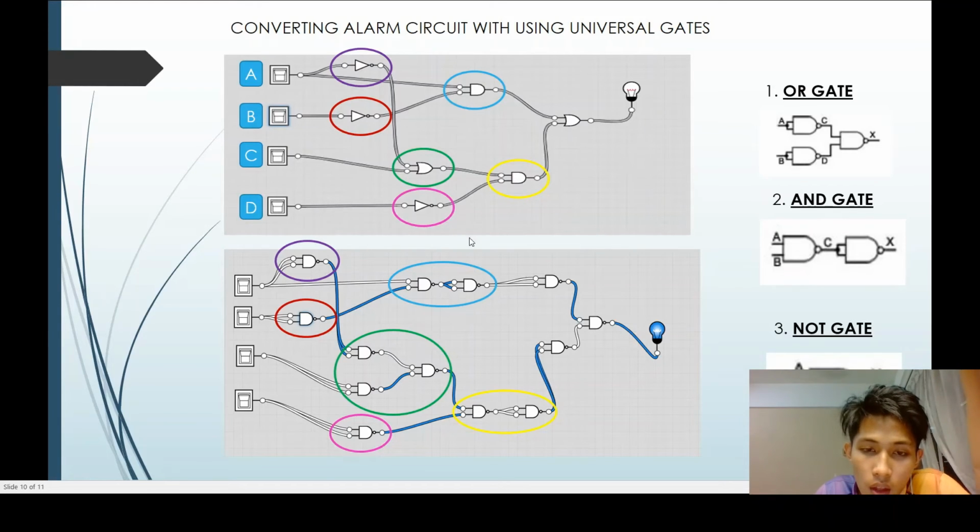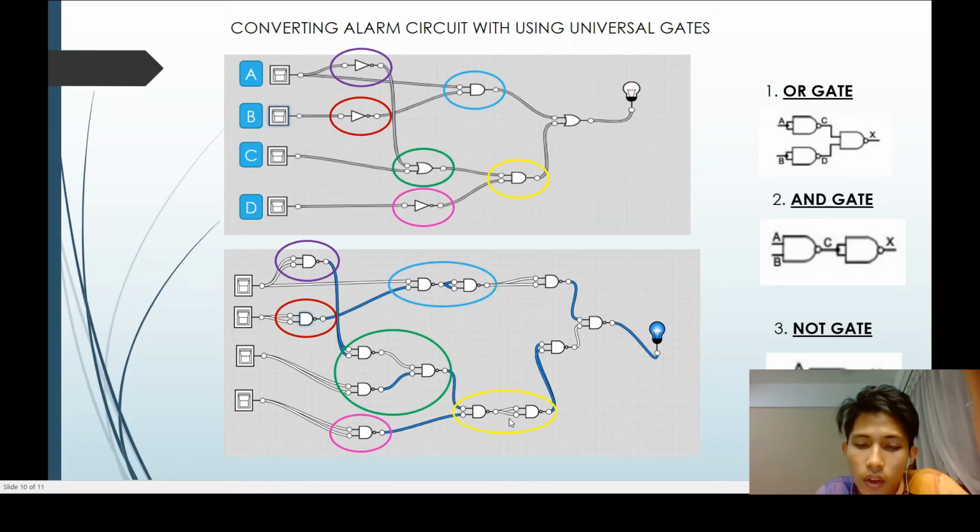So we can see the first NAND gate has two different inputs, one from A and one from NOT B, and then it is connected to another NAND gate with one input. So the output of the first NAND gate is connected to the input of the second NAND gate, which is the same input here. The same situation as the yellow circle. So we can see that both are AND gates.